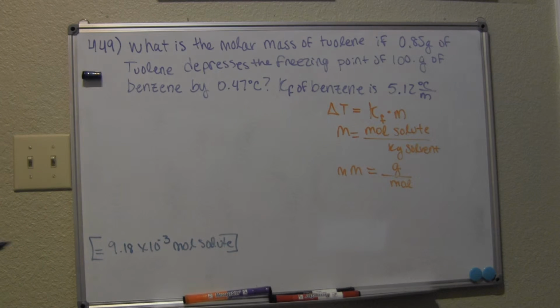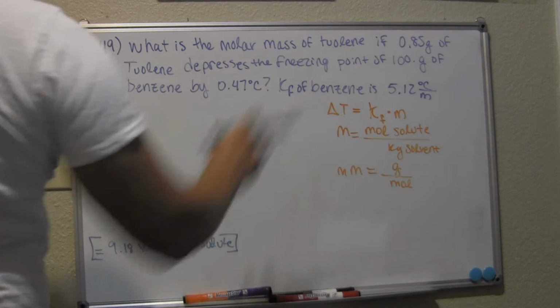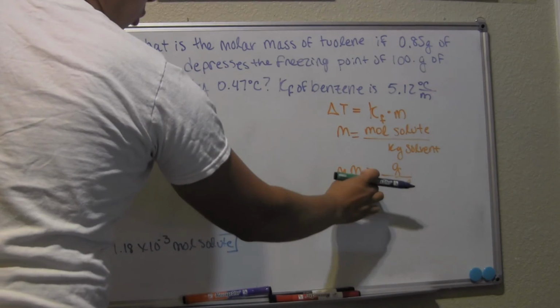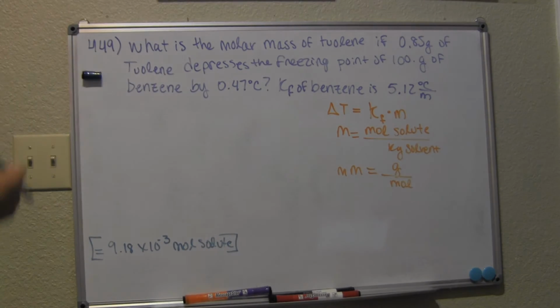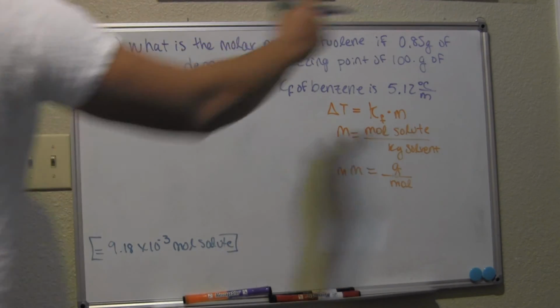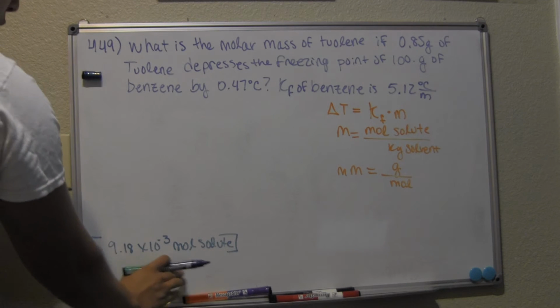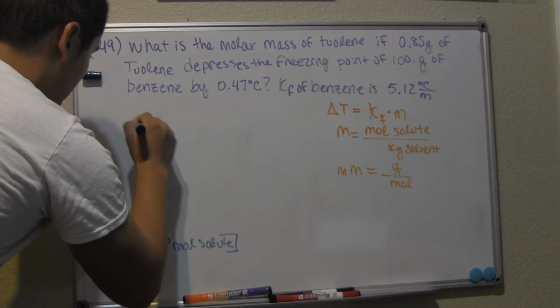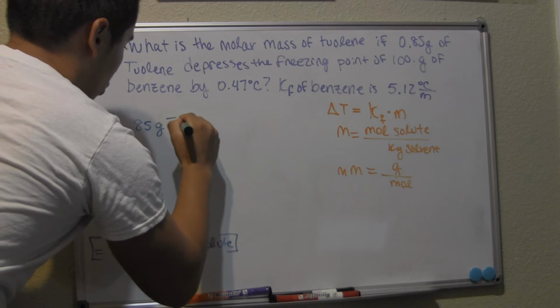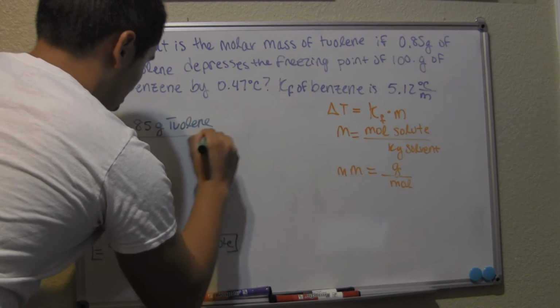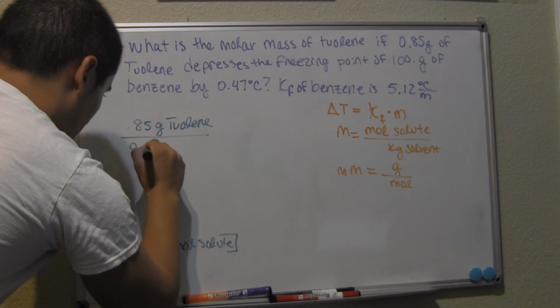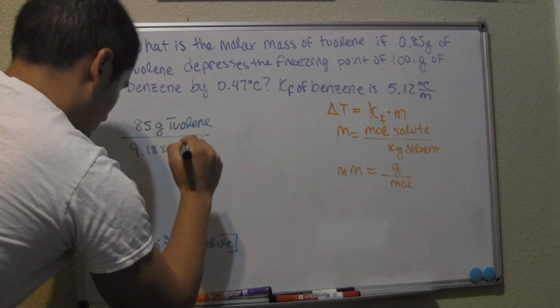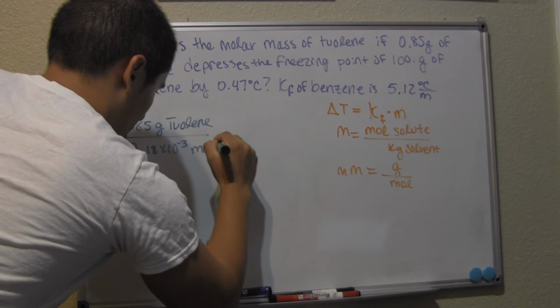So now that we have identified the moles of solute, which is moles of toluene, we use this equation: molar mass equals grams per mole. It gives us a mass of toluene, so we're going to use that mass and put it over the moles of solute to find our molar mass, which is grams per mole. We're given 0.85 grams of toluene per 9.18 times 10 to the negative 3 moles of toluene.